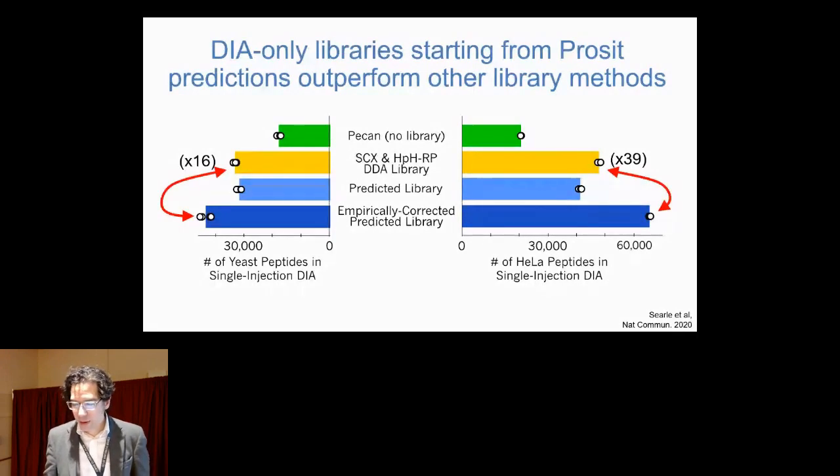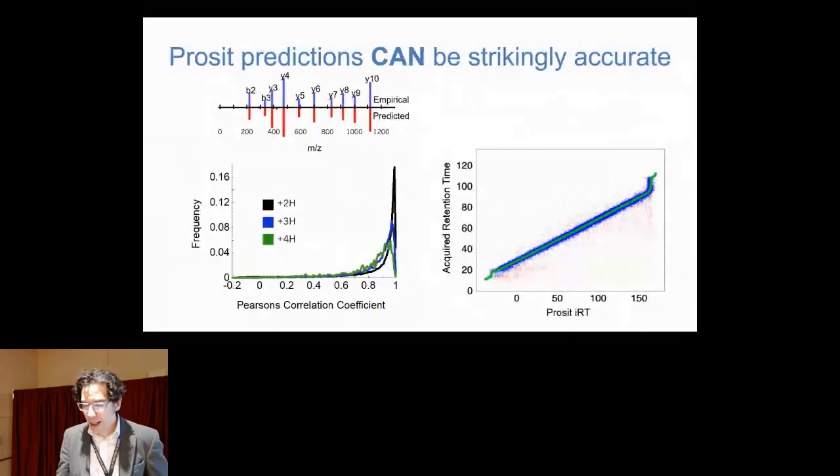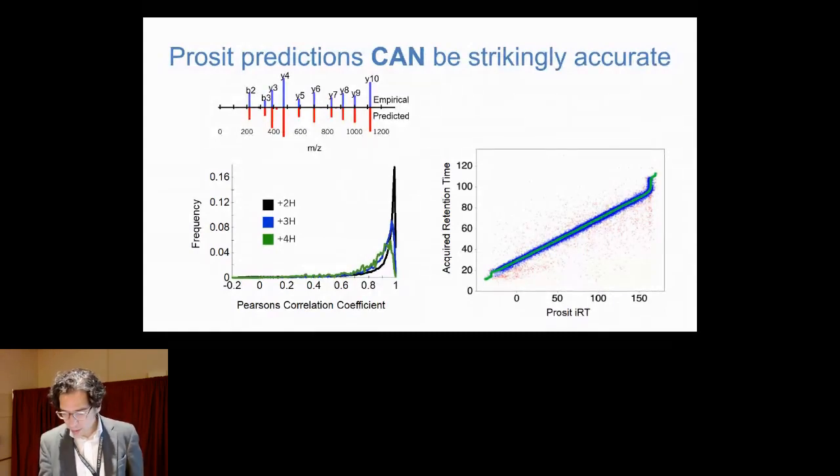And it's true that these Prosit predictions can be strikingly accurate, but the accuracy of these can be difficult to measure for all peptides. So there are some peptides, for example, down here where we don't actually get very good agreement.